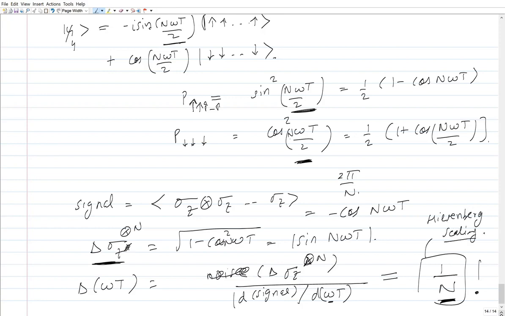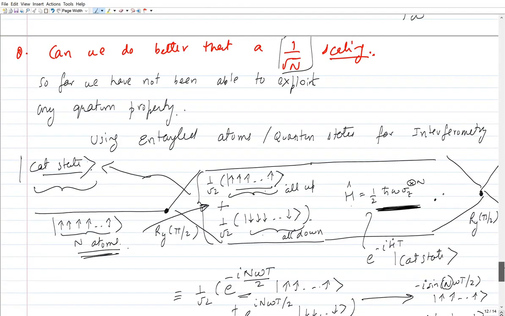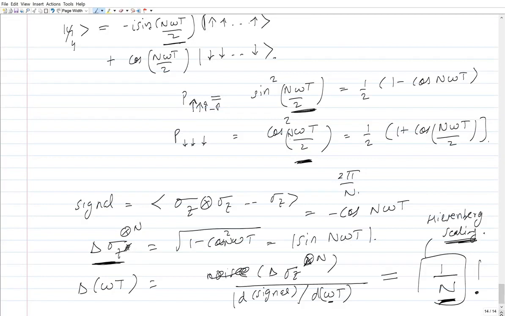arising because my initial quantum states were entangled, which is essentially a very quantum mechanical property. The Schmidt number here was 2. And this is one of the things that, in one avatar or the other, is used in very sensitive metrology schemes, like, for example, detection of gravitational waves.